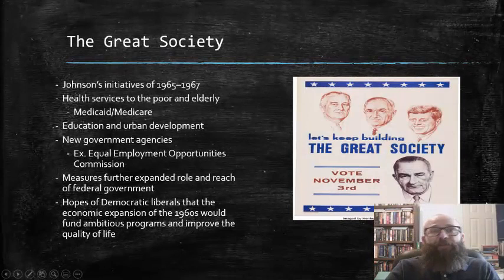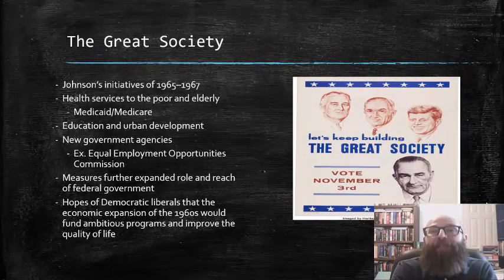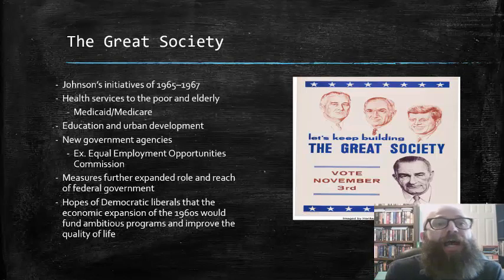Much like previous presidents like Franklin Delano Roosevelt and his New Deal, or Harry Truman and his Fair Deal, LBJ also had a vision for progress in this period that he dubbed the Great Society.